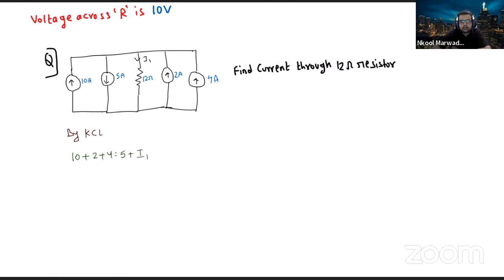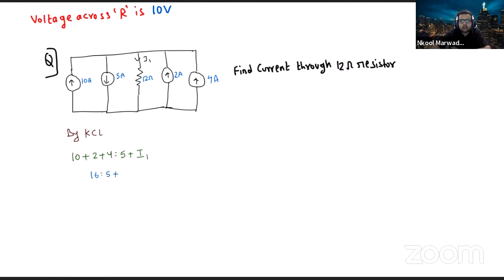And when I simplify this, let me do it properly. So 16 will be 5 plus I1.